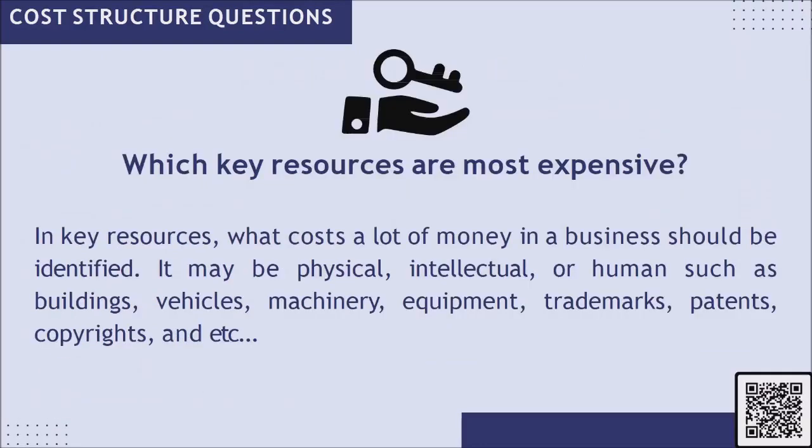By answering this question, we should know where we will use the money and that it is in the proper hands, in the proper use, because it should be identified, especially since it costs a lot of money. It may be physical, intellectual, or human, such as buildings, vehicles, machinery, equipment, and etc.